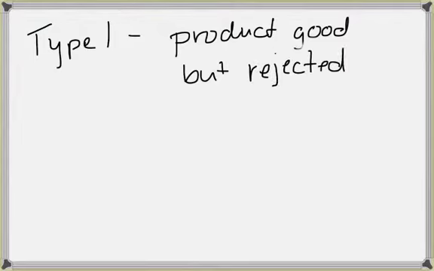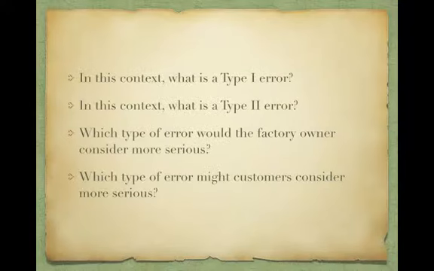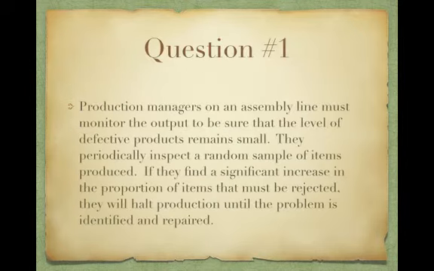So that means this guy on the assembly line, he got a product off here and it was actually a good product, but he rejected it. So in this problem, if we look back at what the question says, they want to make sure that defective products remain small.